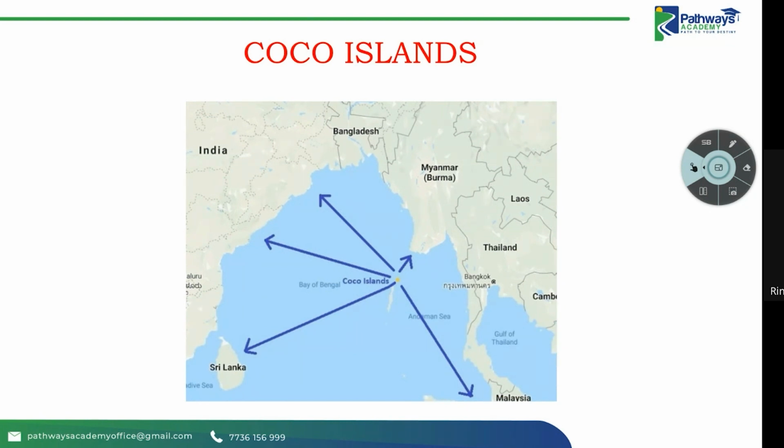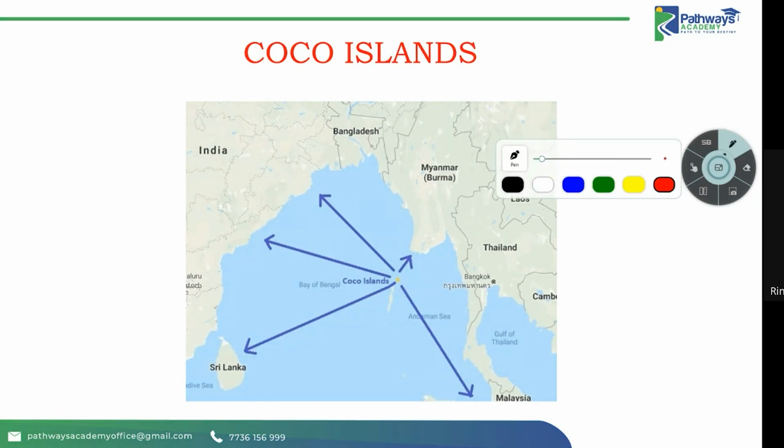Andaman Islands. Next is Coco Island. There are unusual constructions happening in Coco Islands. Maybe by China through satellites, India already observed some infrastructure activities happening in Coco Islands. That's why it came into the news.